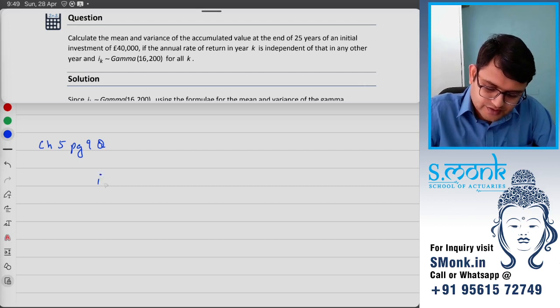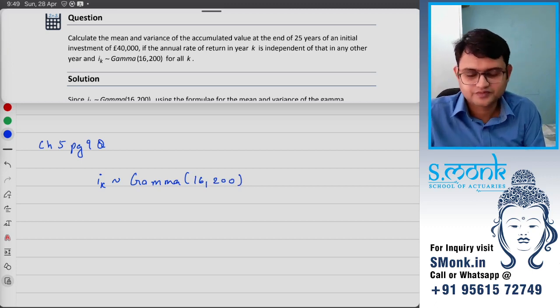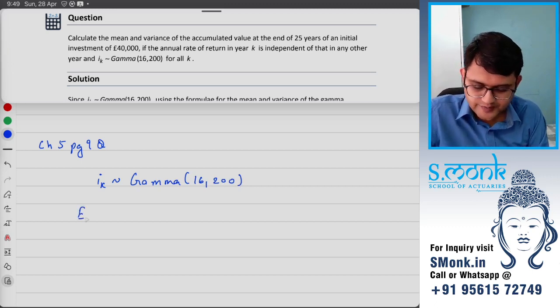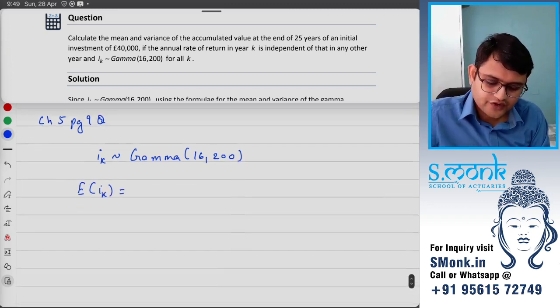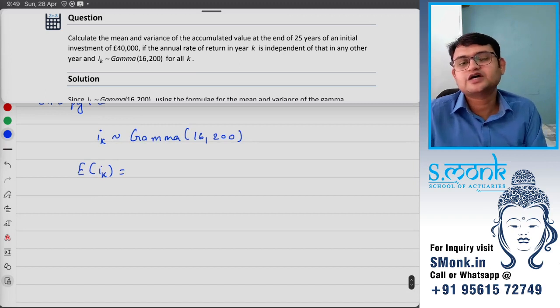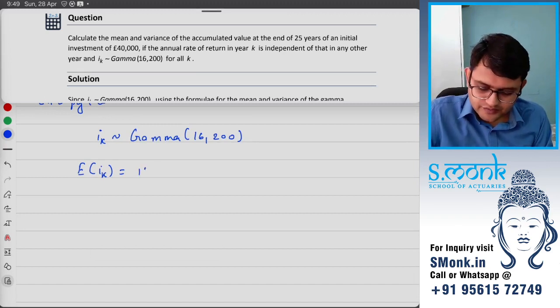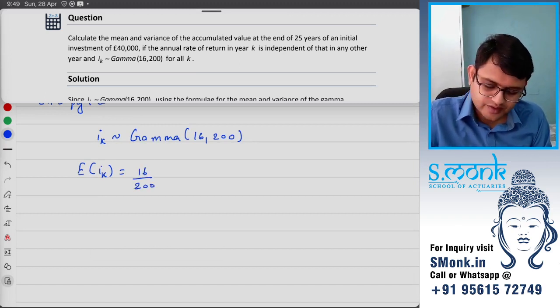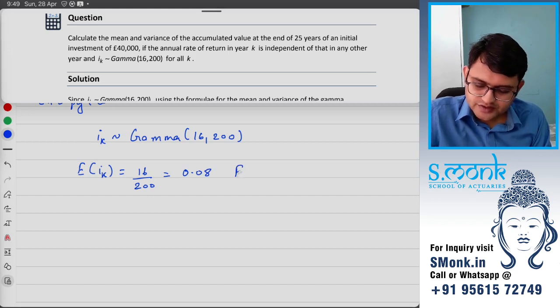So first thing, IK follows gamma 16, 200. Let's find the expected value and variance of IK. For a gamma distribution, the expected value is alpha by lambda. So it would be 16 by 200, that's just 0.08.